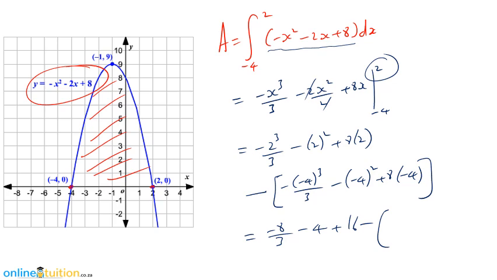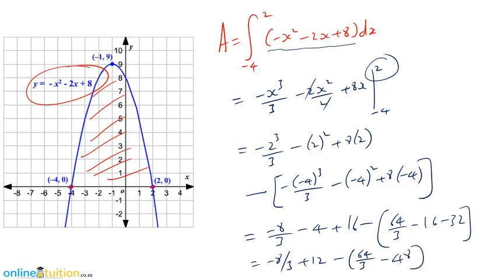-4 cubed is -64, but there's a minus sign out there. Oh my goodness. 64 over 3 minus that squared, so that becomes -16, and then -32. So then you're going to simplify the 16 minus 4, that's going to give me 12 minus 64 over 3, and then you got -48. Now watch, you see that minus sign, and the minus makes it positive.